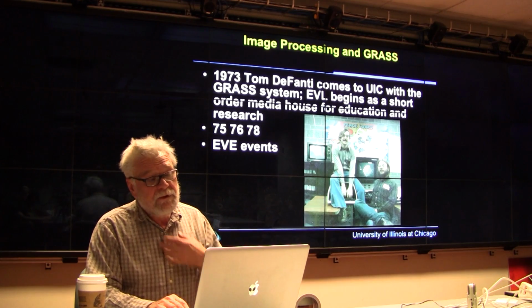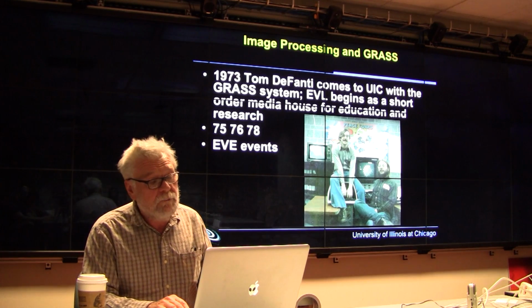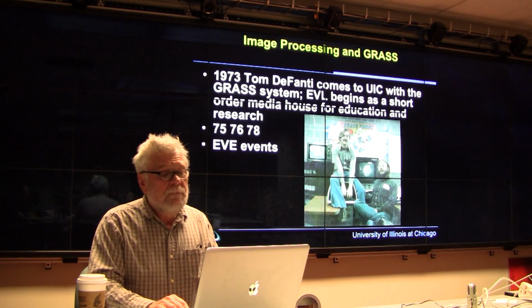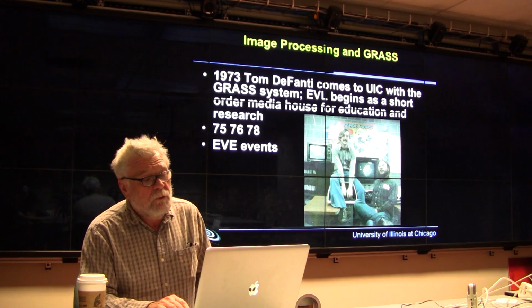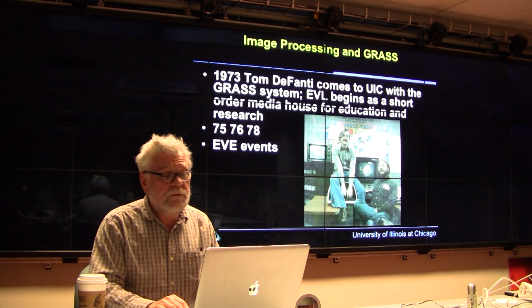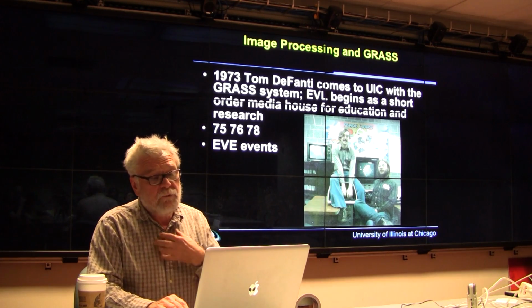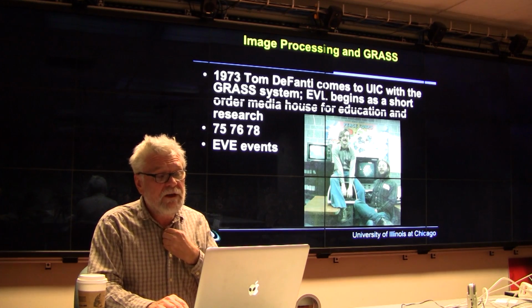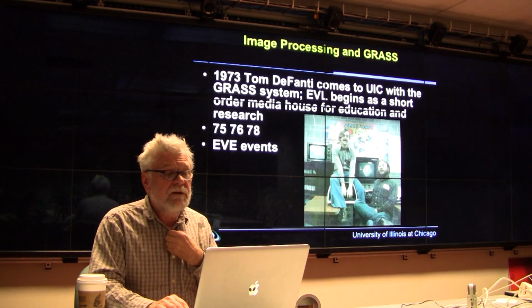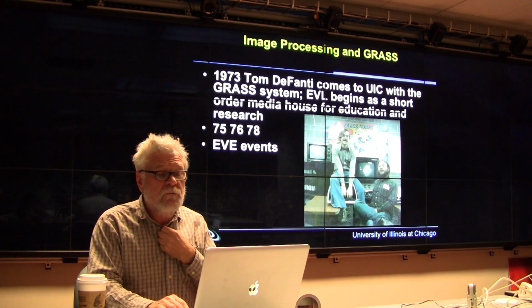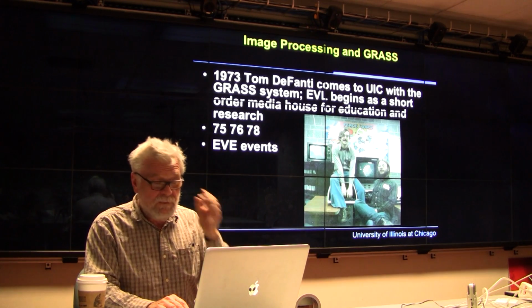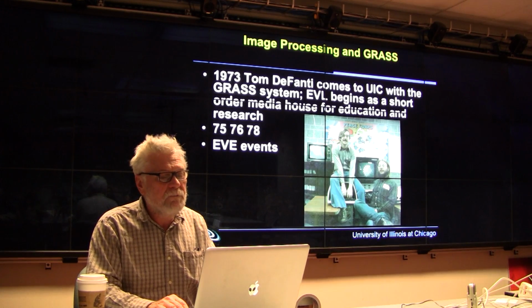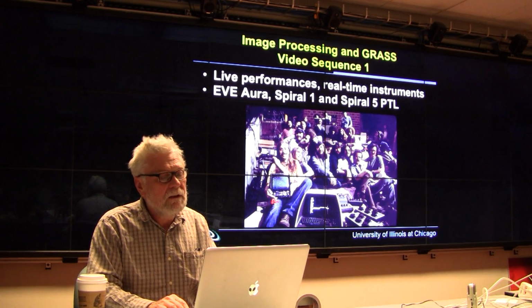And then in 1973, Tom DeFanti came here to UIC with the Grass System, and we were supported as kind of a short order media house for education and research. That's where the money came from. And there was a series of electronic visualization events in '75, '76, and '78, which were live performances with the equipment that I've reviewed here slightly before audiences.